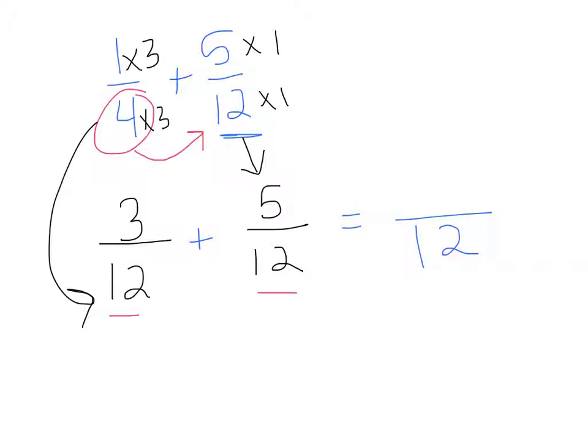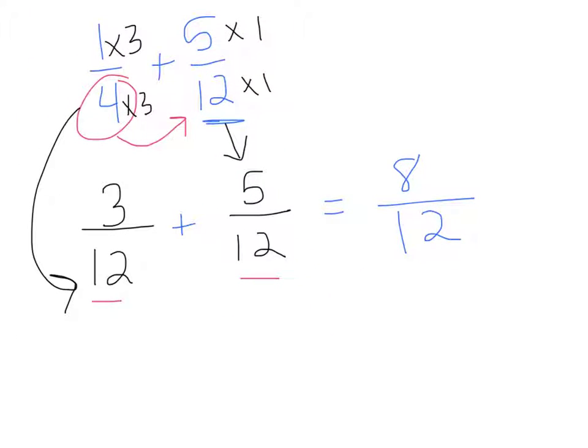So 3 plus 5 is 8. So I know that 1/4 plus 5/12 is equal to 8/12. Therefore, I know that Archie ran 8/12 of a mile on both Saturday and Sunday.